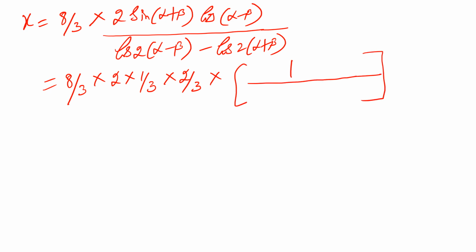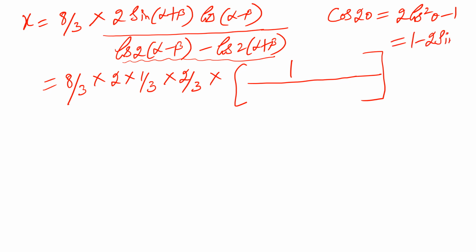Now students, to get the value of this denominator, I will be using identities for cos 2 theta. Now cos 2 theta can be written as 2 cos square theta minus 1 or 1 minus 2 sin square theta. It depends upon the given data which identity to use. Right?